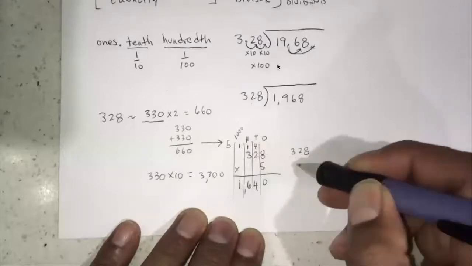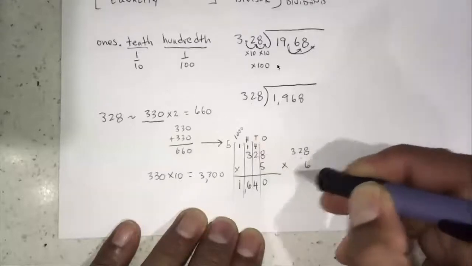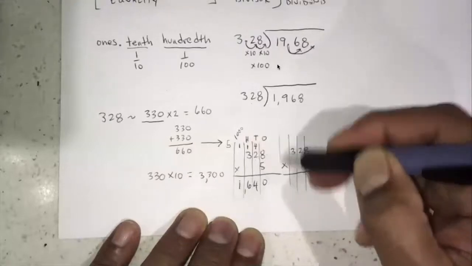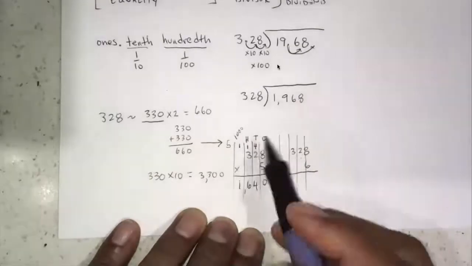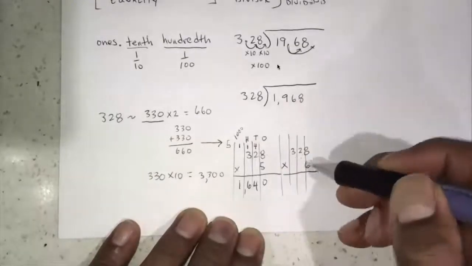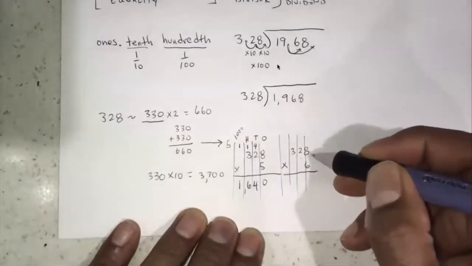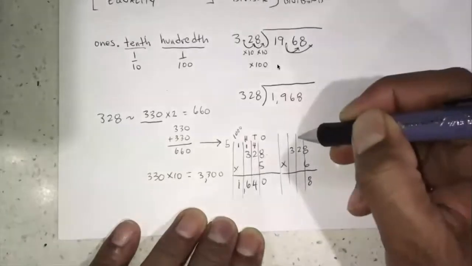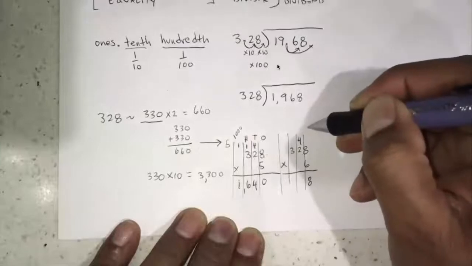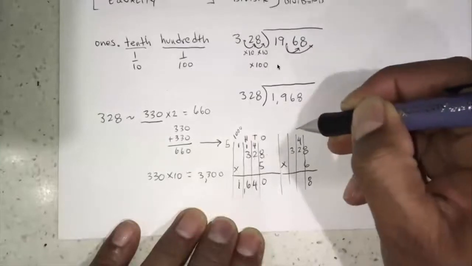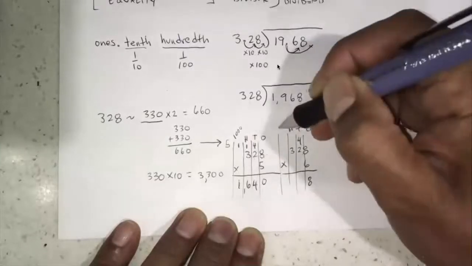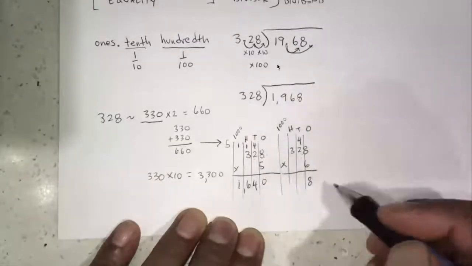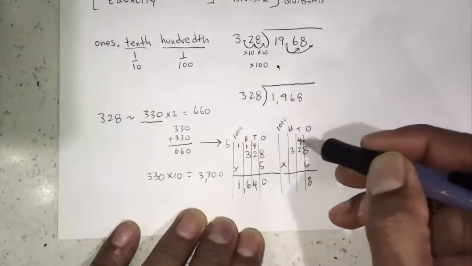I'm just going to check. Will 6 work? I'm going to do the same thing. I draw these lines just to show my placeholder and my regroupings. So this is a 6. 6 times 8 is good. I forgot to put the label of the placeholder. This is my ones, my tens, my hundreds, and this is my thousands. 6 times 2 is 12 plus 4 that we regroup.